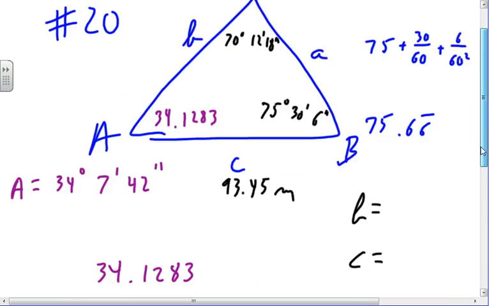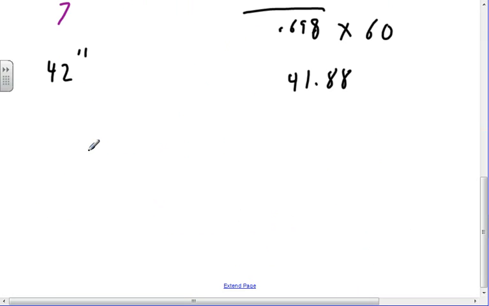Now we've got to remember what problem we're doing.